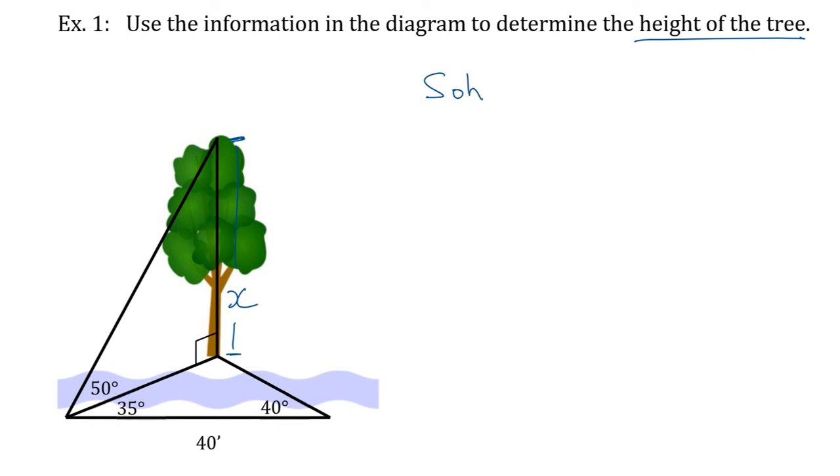So SOHCAHTOA, I'm just going to do the SOH, that's sine theta is opposite over hypotenuse. This formula has 3 unknowns. It's got theta, it's got the hypotenuse, which is a side length, and it's got the opposite, which is a side length. And any 2 of those will allow me to find the other.